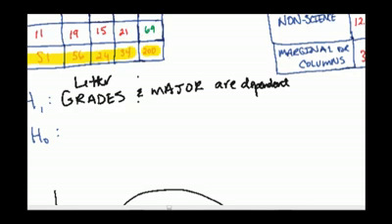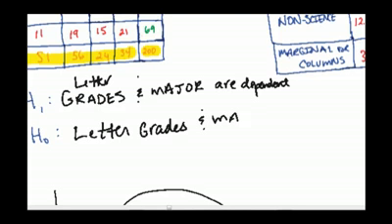And then the other one would be the null hypothesis, basically stating that the two variables in this case, the letter grades and the major, are independent.